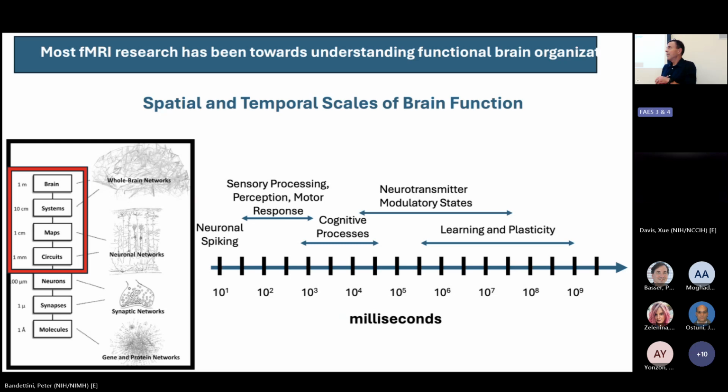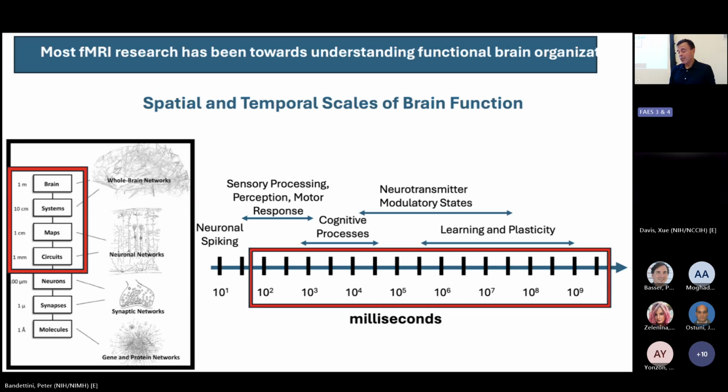It may not give you fundamental information about how individual neurons communicate, but as far as we know, the smallest clusters of neurons are either layers or columns. So that might be good enough in terms of understanding mechanisms of how the brain processes information. In terms of time, it's extremely useful.